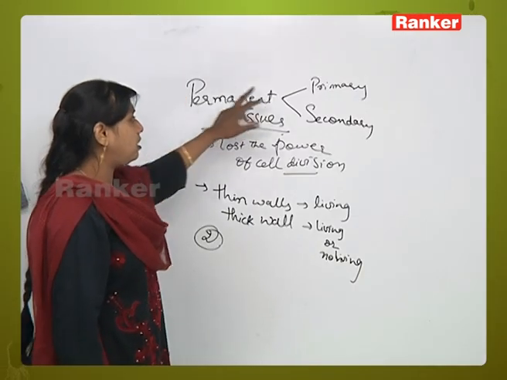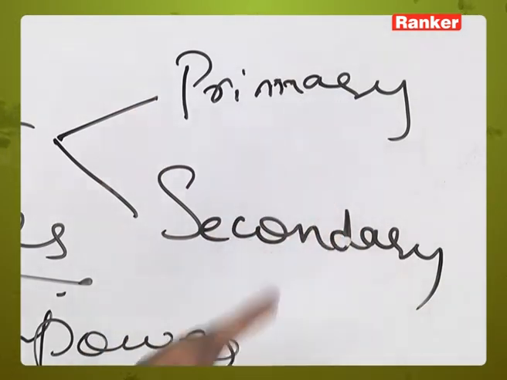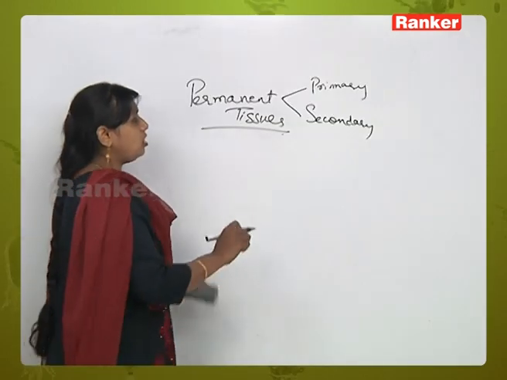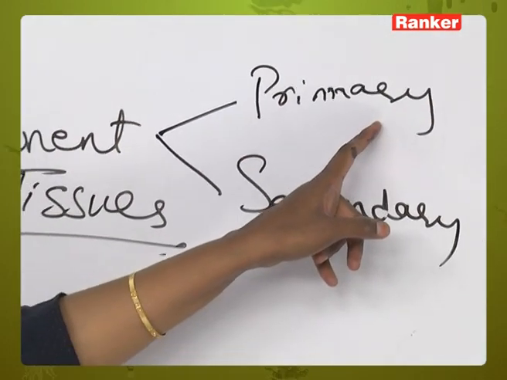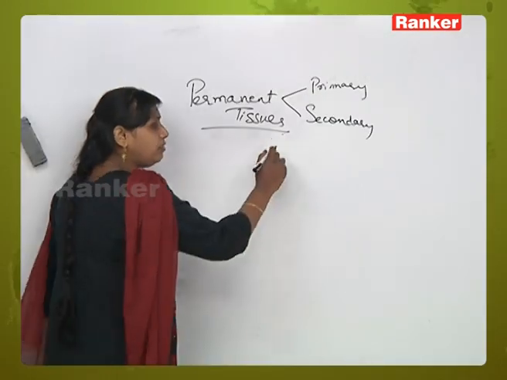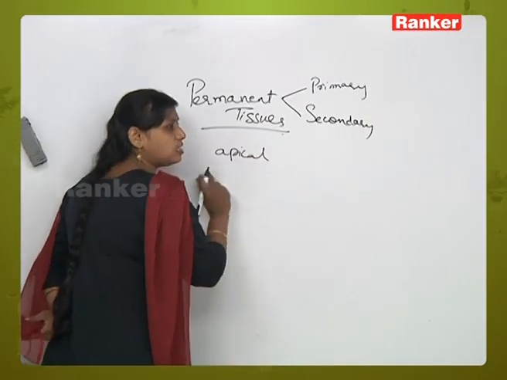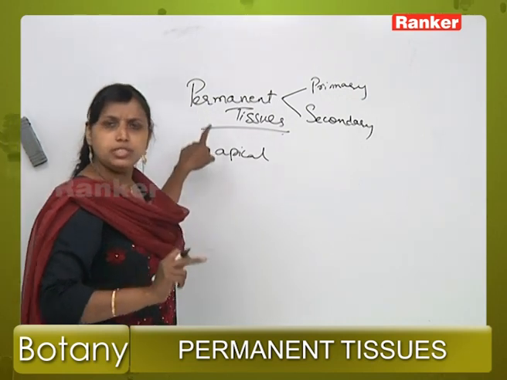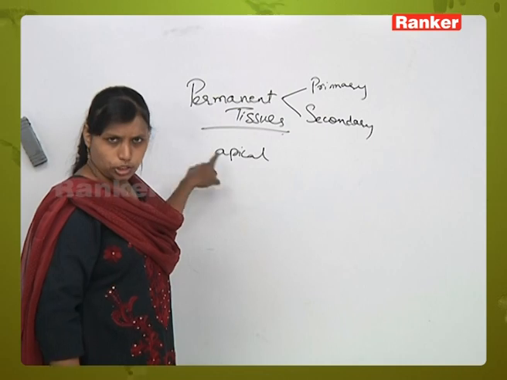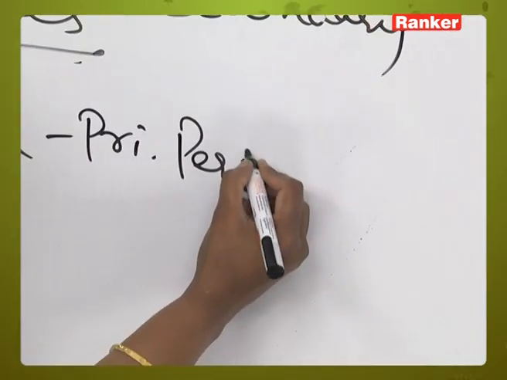If a permanent tissue develops from the apical initials or apical meristematic tissue, then that is called primary permanent tissue.